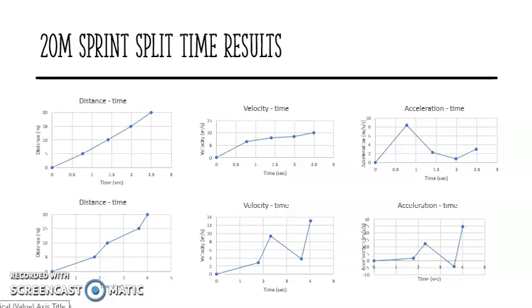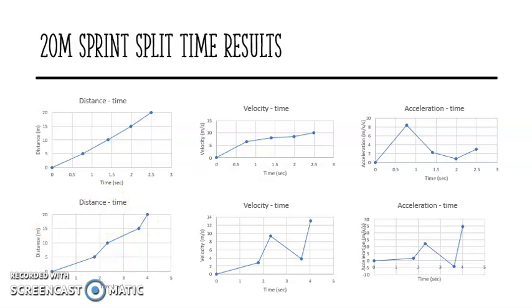These results tables show us the difference between the 20-meter split time results. The top graph shows the better performer and the bottom graph shows my performer. Straight away we can see that for the better performer, the distance time graph is almost a constant flat line, whereas for the worst performer it's not as straight.